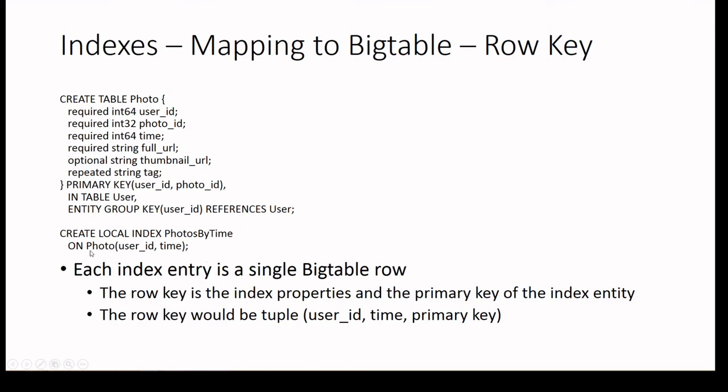In this case, we've got the properties of user ID and time, as well as the primary key of the index entry of photo, where the primary key of our photo table is user ID, photo ID. So this gives us the tuple user ID, which is one of the properties of the index, time, the other index property, and the primary key of this table.